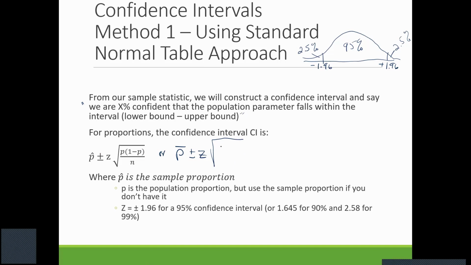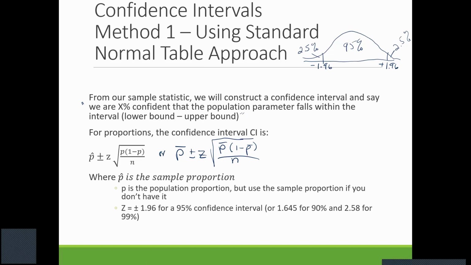And if you had a population proportion, you can use it, rho, but you can also just use p hat, p bar, times 1 minus p bar from your sample over your sample size. So there are a couple of different ways that you can write this formula.